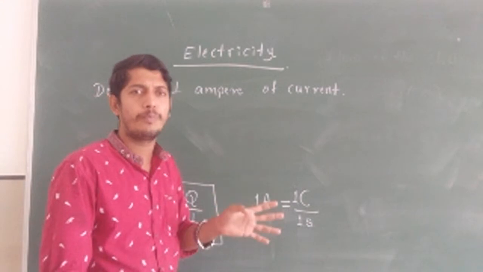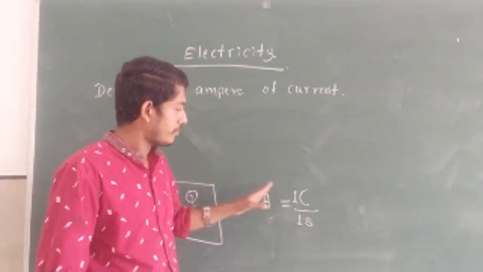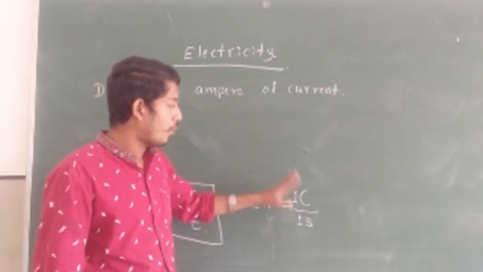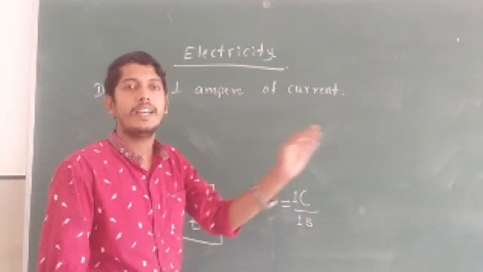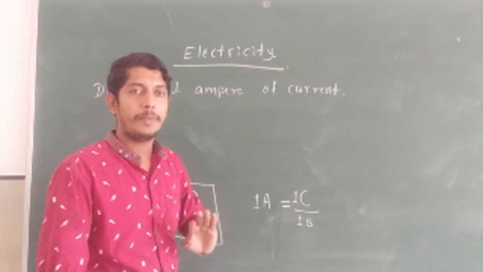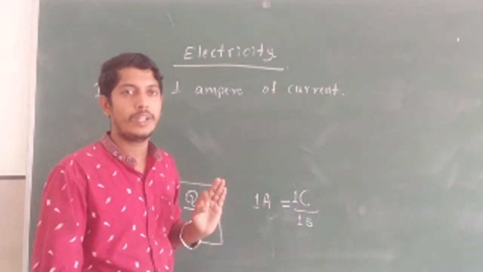So we have to give the prefix for it. 1 ampere means when 1 coulomb of charge is flowing in a particular direction in a unit time.